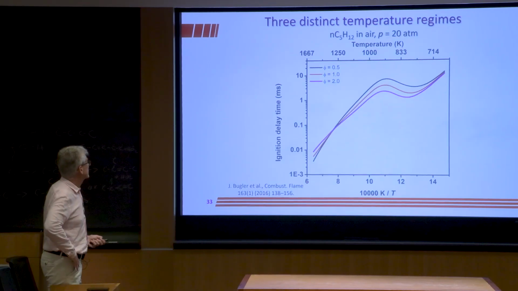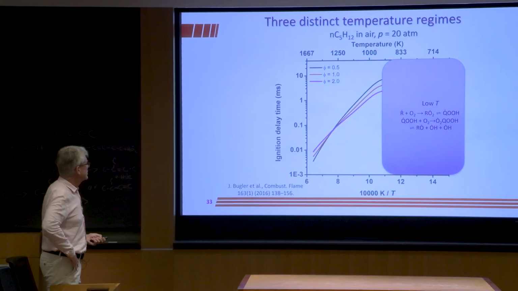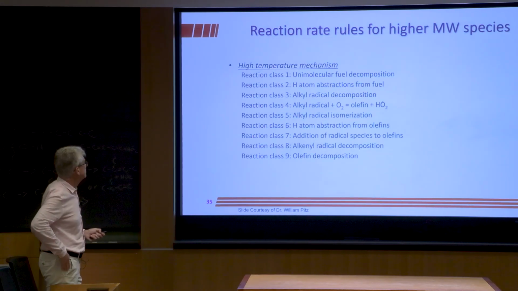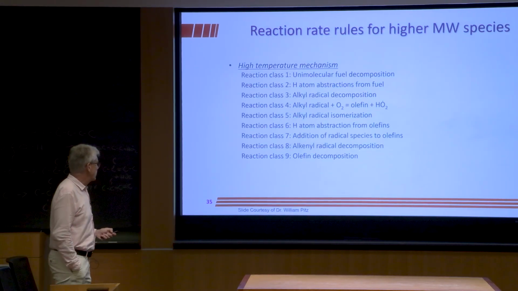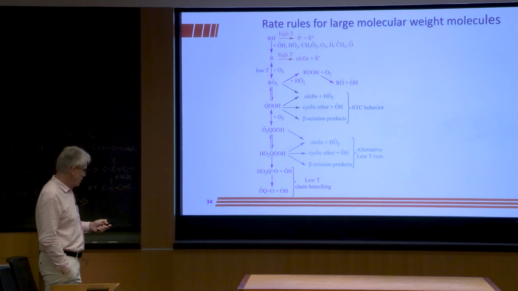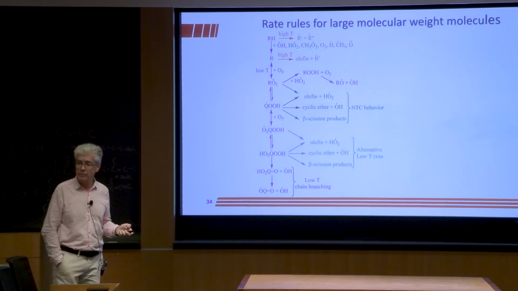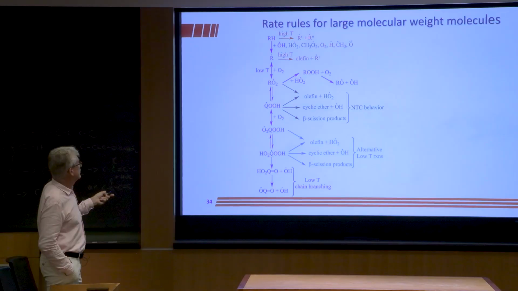So if we go to the low temperature end, or in general, we want to have a way to estimate rate constants for all of the reactions that occur. So we have unimolecular fuel decomposition.